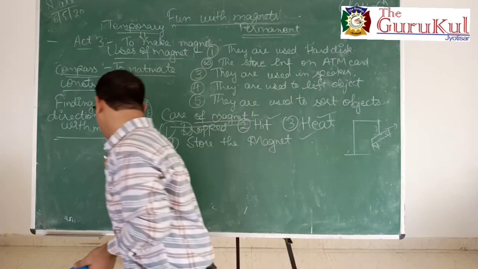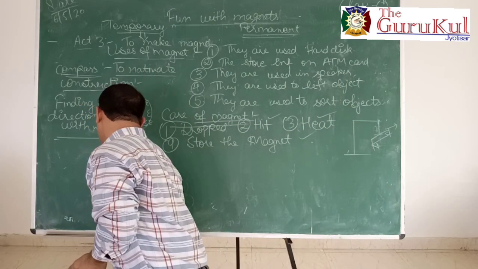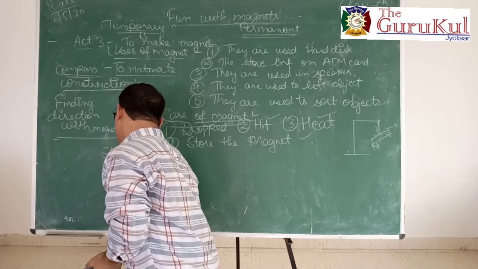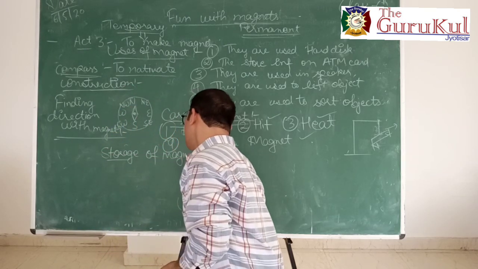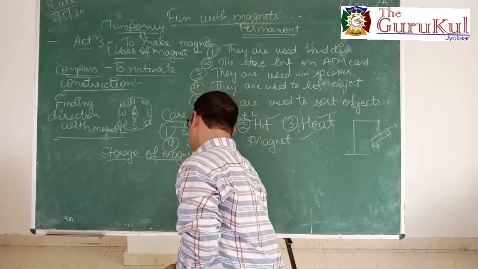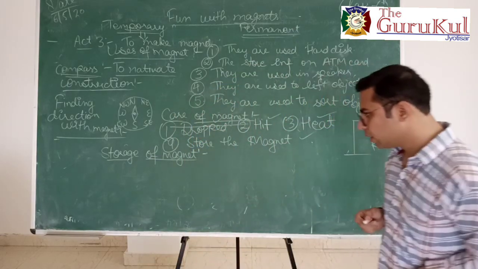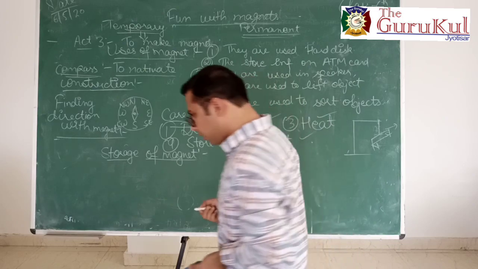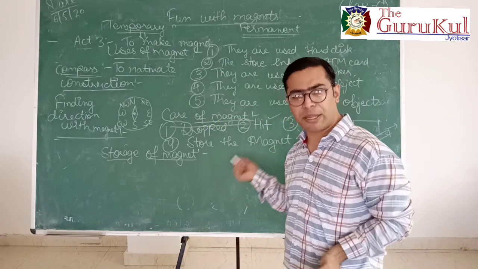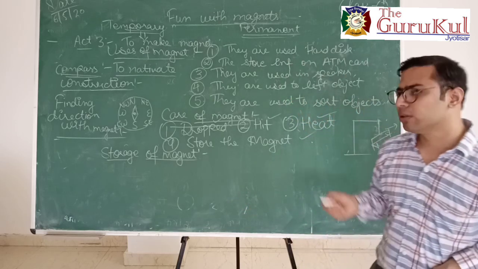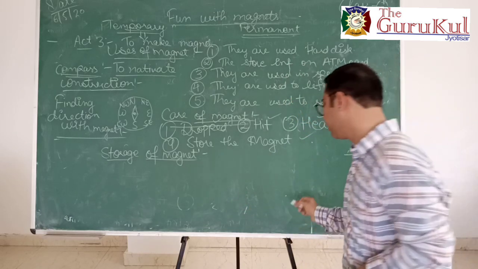Now the last topic is storage of magnets. Means how we can store the magnet. So here we can store the magnet in a box. With the help of a picture, I am going to show you how we can store the magnet.